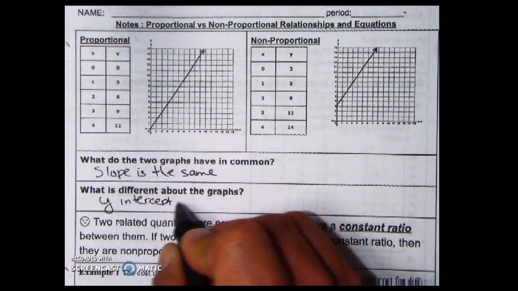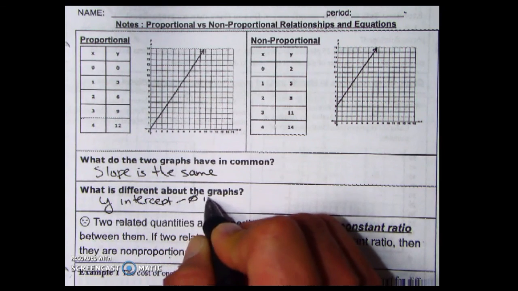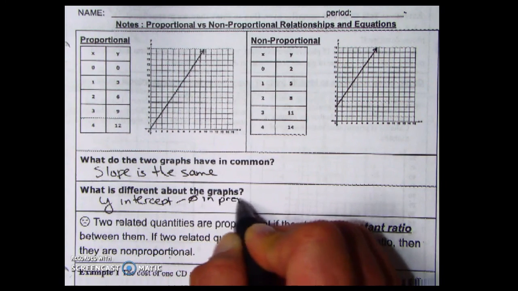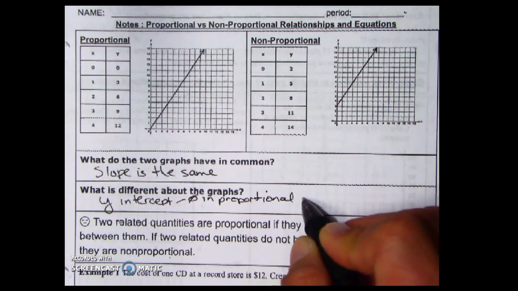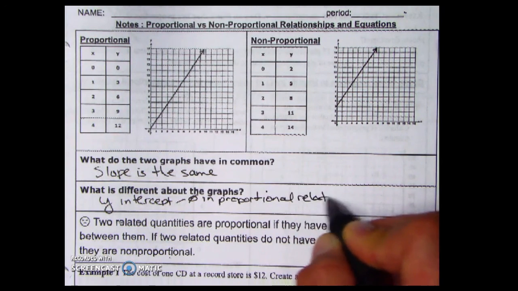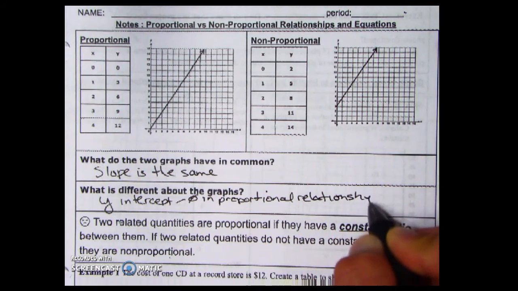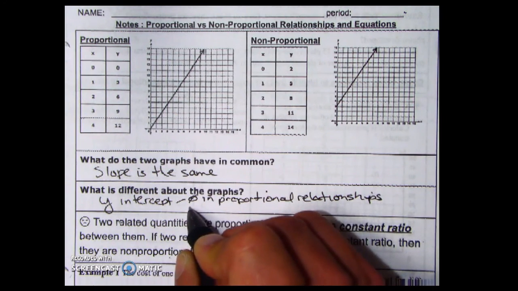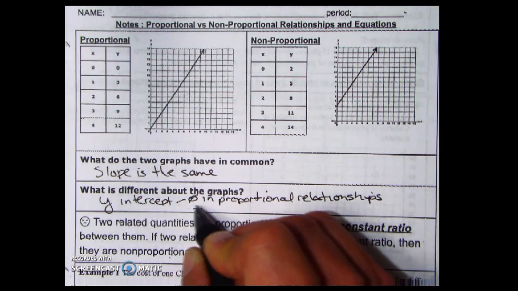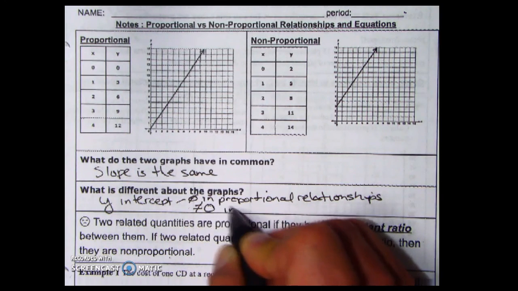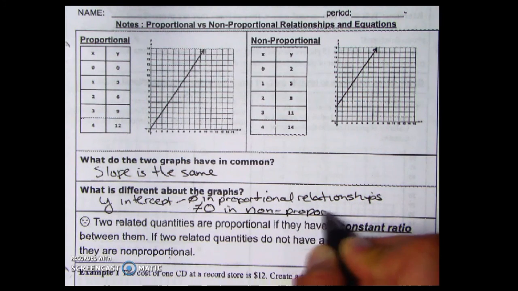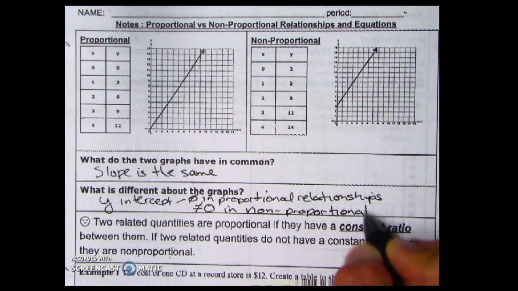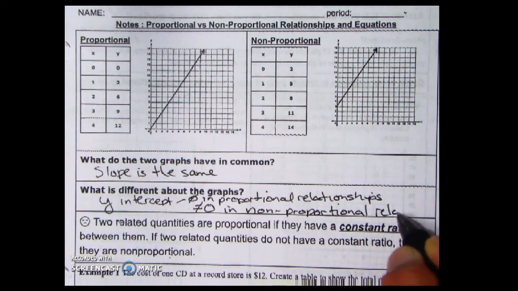Okay? 0 in proportional relationships. Okay? Not equal to 0 in non-proportional relationships.